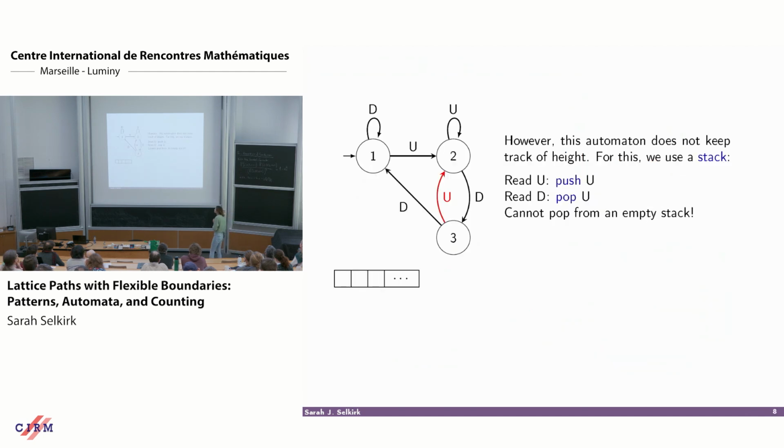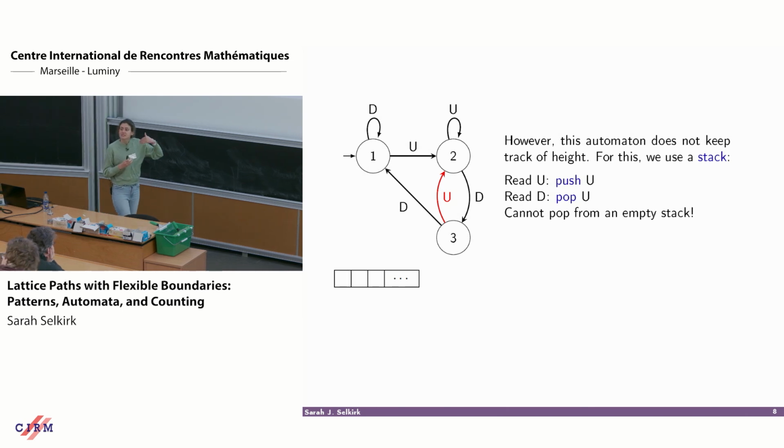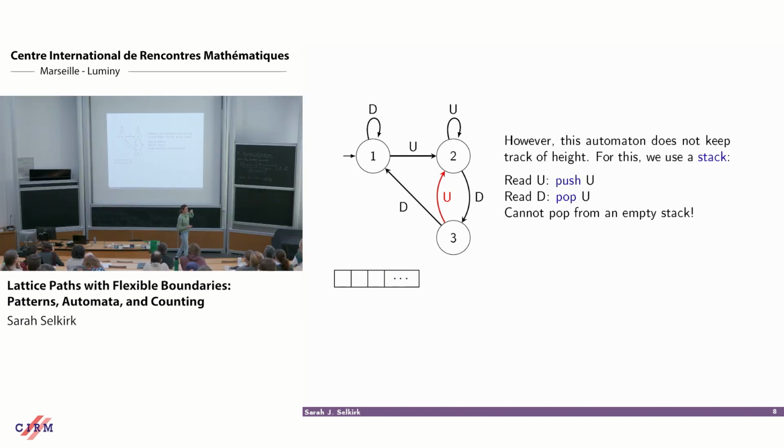So what we do with this is we use a push-down automaton. This is just a normal automaton, but we attach a stack to it. Now, for our intents and purposes, what we're essentially doing is keeping track of the height above the x-axis at all times. And so it's not a very complicated stack. We can just use a single letter of the alphabet on our stack to keep count.